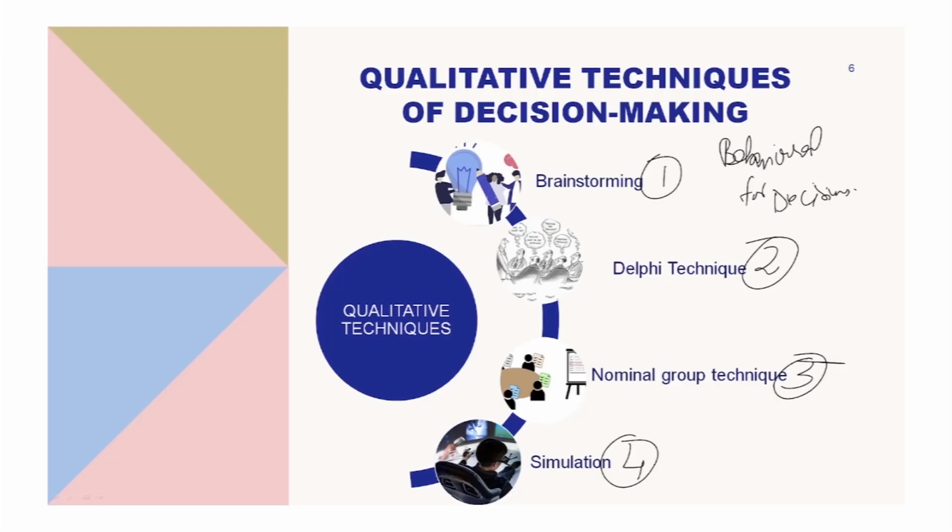Now in the brainstorming method, you call different experts, different people from the media, any kind of industry expert, some internal employees, and you form a group of 10 to 15 people.